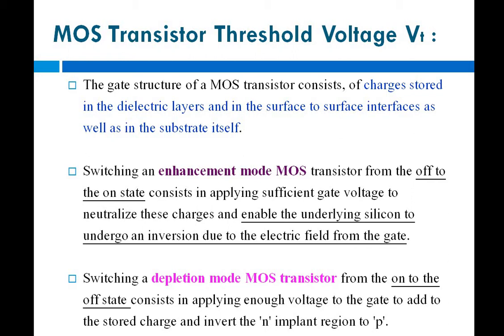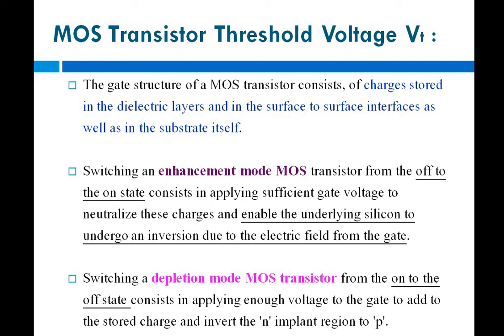This threshold voltage depends completely on the mode. How many kinds of modes? I hope you remember from basic electronics the enhancement mode and depletion mode. Whenever your transistor is there, it will be switching in enhancement mode as well as in depletion mode.